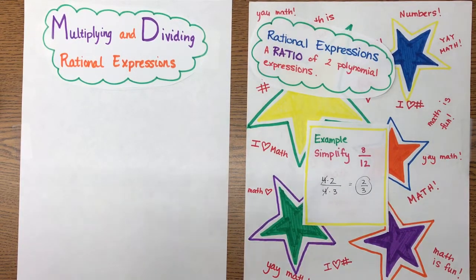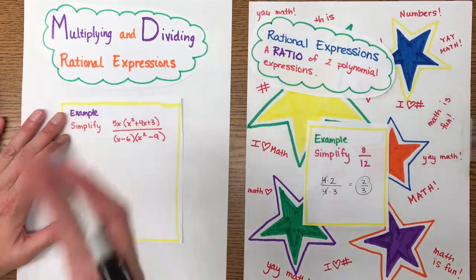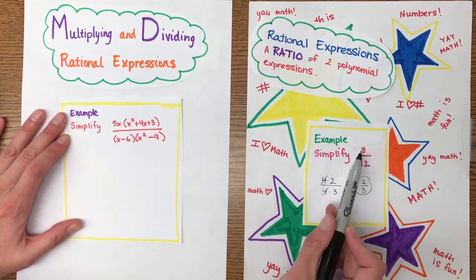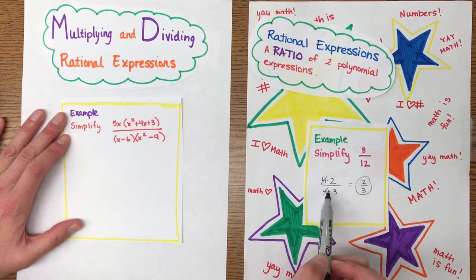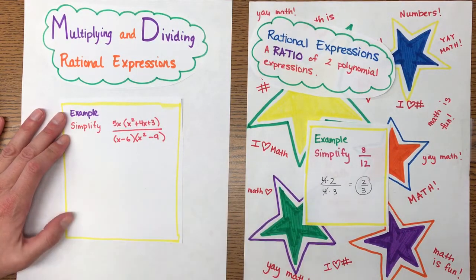When I'm looking at simplifying something like this here, the first thing I want to consider is that I need to get like terms. I was able to factor 8 and 12 because I know my factors. I'm going to need to do the same thing here.